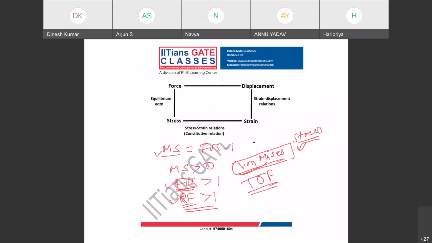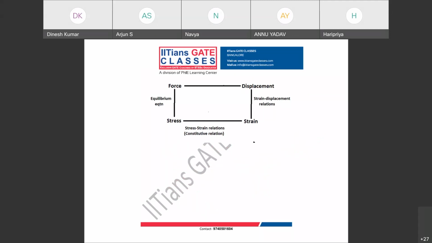Now we'll come back to our basic elasticity part. So I gave that overall idea of why we study strength of material. As we know, force is directly connected to displacement for a simple structure, and displacements are connected with strain by strain-displacement relations. You might have heard about strains like normal strain epsilon x, which can be written as dou u by dou x.